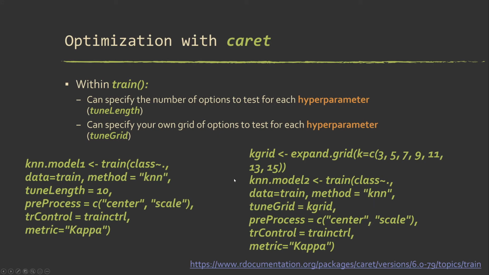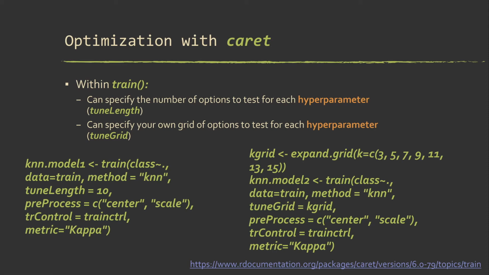Another option is if you want to actually give it specific values to try, instead of using tuneLength, you can use tuneGrid. So here I'm using expand.grid, and I'm providing a bunch of K values using the combine function here. And then inside the model, I swap out tuneLength with tuneGrid, and I give it that grid. So in short, with the tuneGrid, you can give it an actual set of defined values to test.